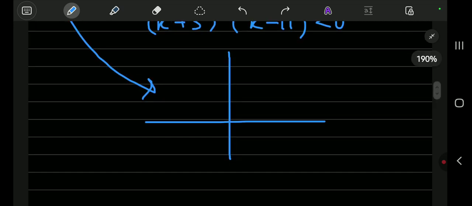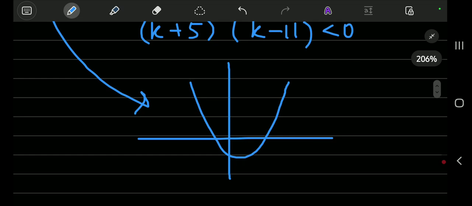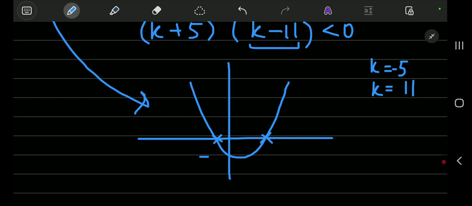So our graph would be somehow like this. Okay, and as we can see, when we put k plus 5 equals to 0, we get k equals to minus 5, and when we put this equals to 0, we get k equals to 11. So these are your two roots. Okay, so this is minus 5 and this is 11.